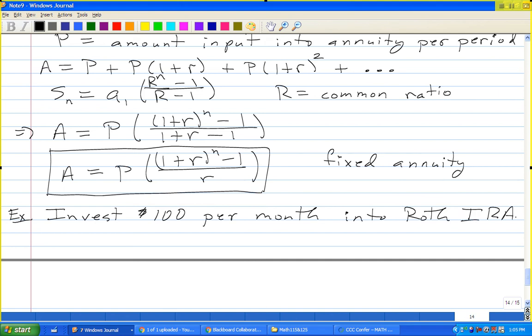In a Roth IRA, anything that you make, at least if you hold it in an account for 5 years, will be tax free, and so all your interest is tax free.